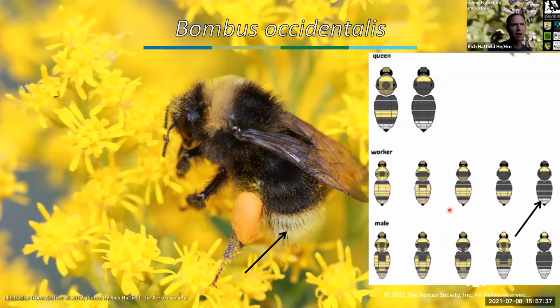And you can see that in the color patterns that you see here. Sometimes it fades more to this cream color, especially this color pattern we associate with coastal California. So we really need to be careful with this in Franklin's bumblebee. But usually those pale hairs extend up into the 4th tergal segment. And if not, there's usually yellow hairs on the 3rd tergal segment.